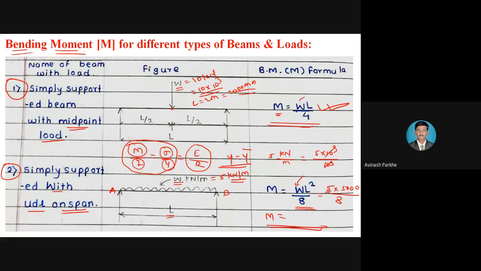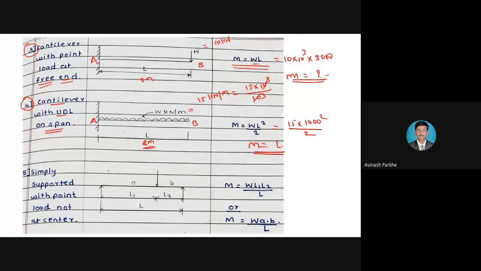Sometimes in the statement of the numerical, bending moment will be directly given, but sometimes the bending moment will not be given. The type of beam and type of load is given. Type of beam means cantilever beam having length 3 meter subjected to the UDL on entire span of 10 kilonewton per meter. Means it is under standard case, means case number 4. So W will be given, length will be given. I have to use this particular formula and I have to calculate the bending moment.